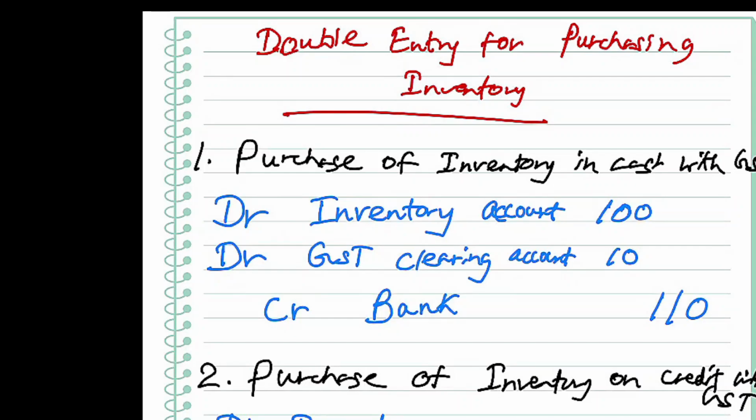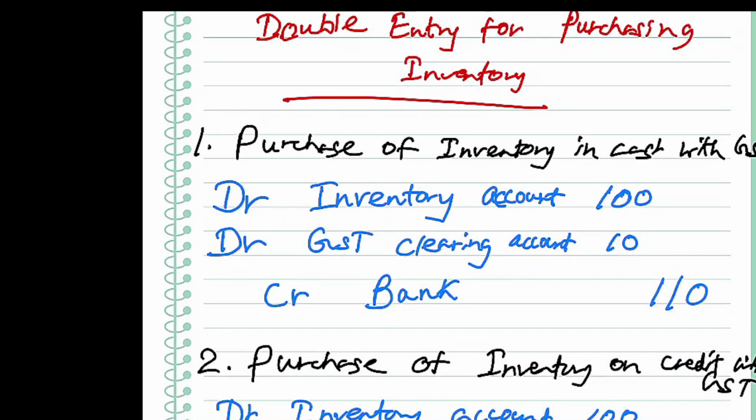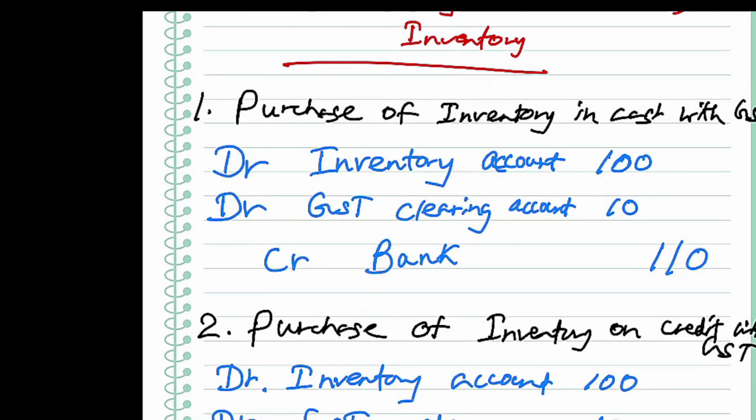Again debit GST clearing. Then where would you credit?